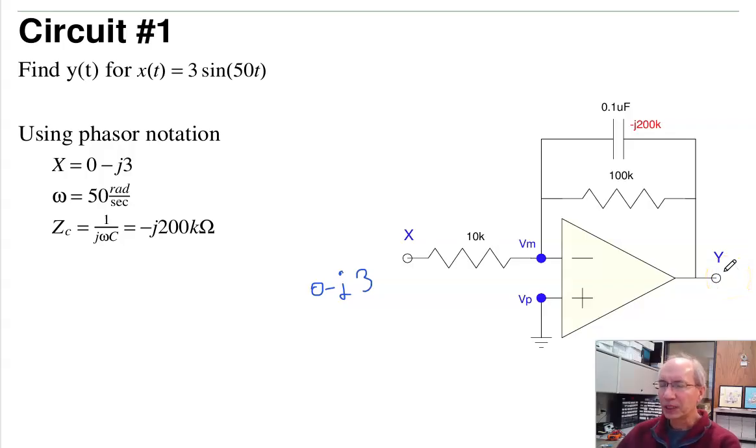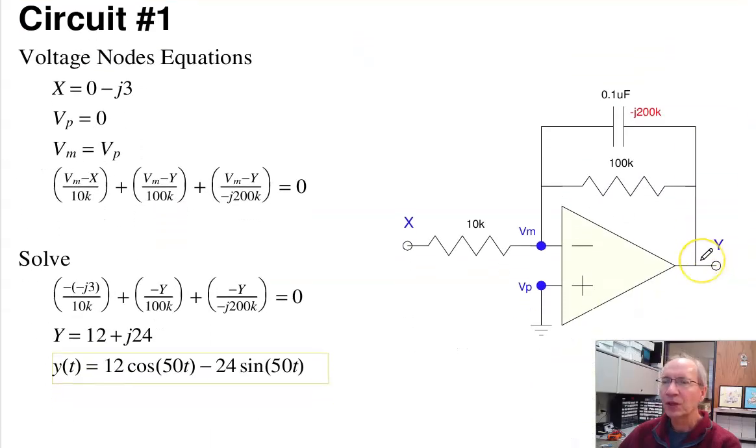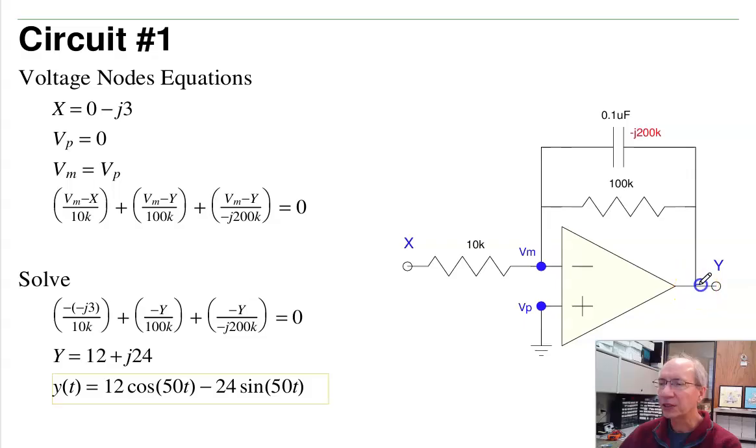Well, one approach is write the node equations. For the node equations, I've got 3 nodes, 1 node, 2 nodes, 3 nodes. I know that V plus equals 0. I know V minus equals V plus, and, well, actually that's the node equation at Y. I would like to write the node equation at Y, but I can't because I have no idea what this current is. In addition, I can't because I already wrote it.